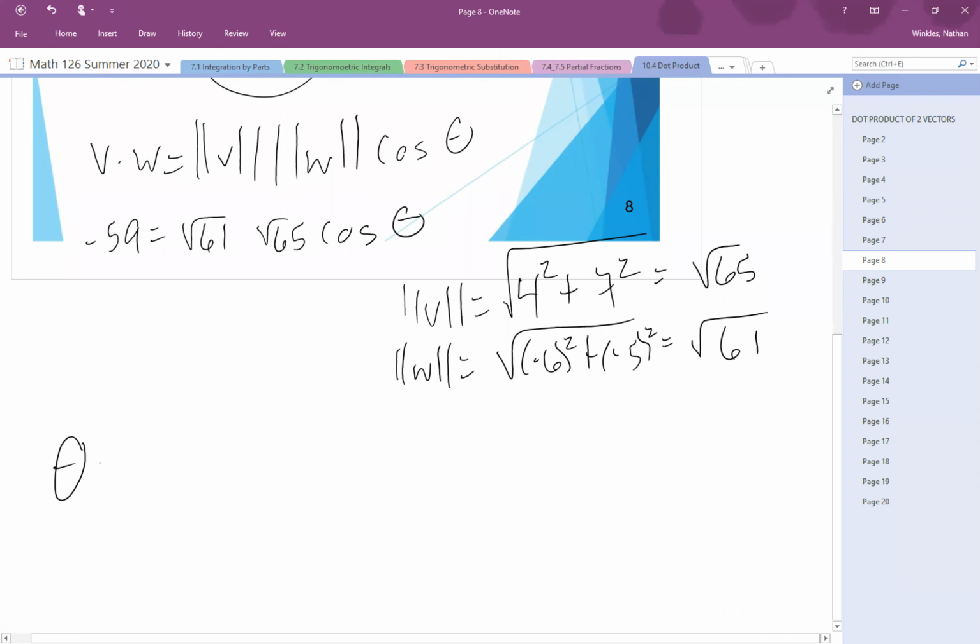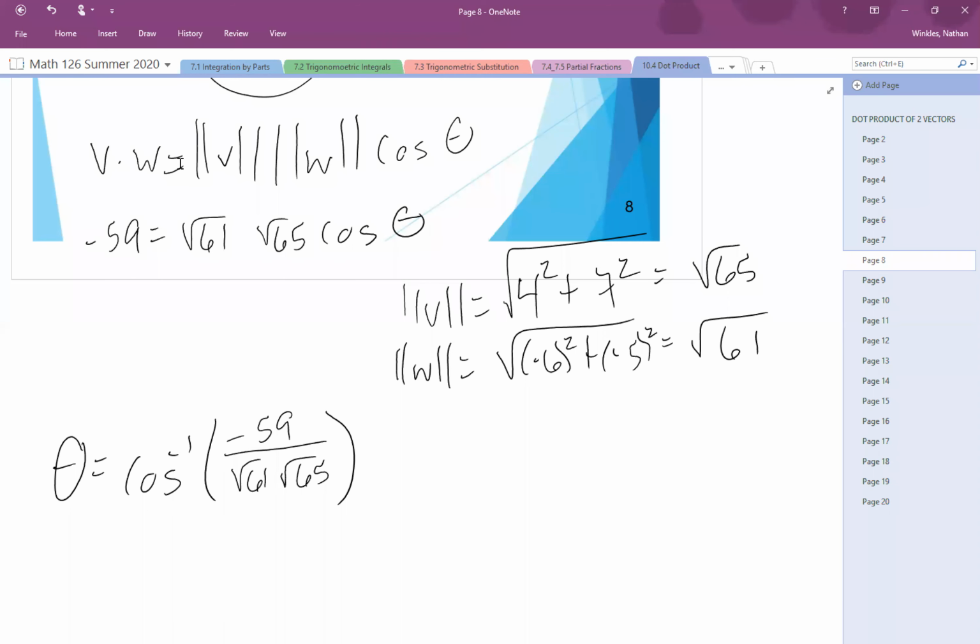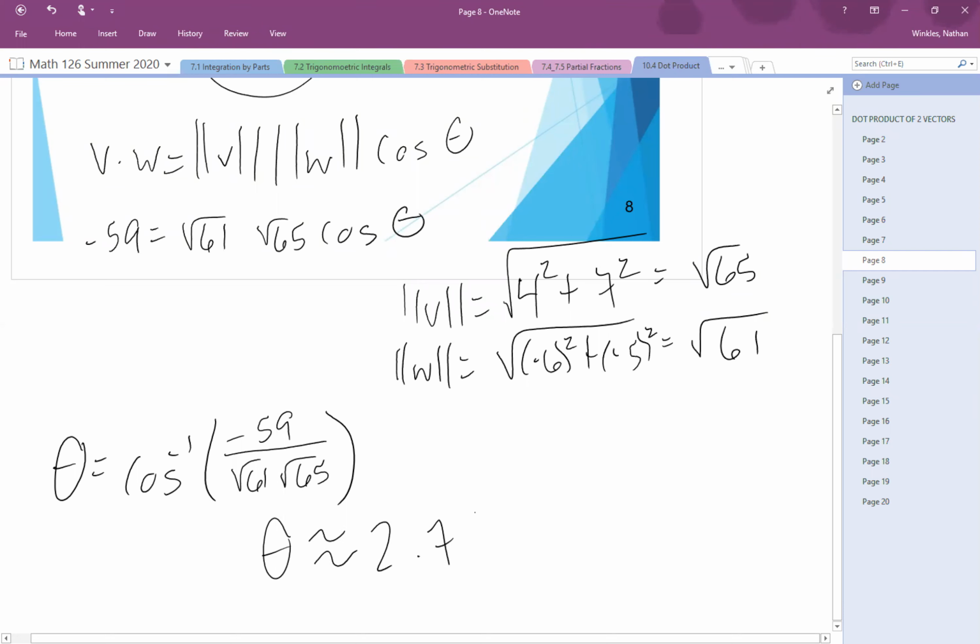So that means theta is equal to inverse cosine of -59 divided by square root 61, square root 65. So that would tell us that theta is approximately 2.78468 if we went to 5 decimal places.